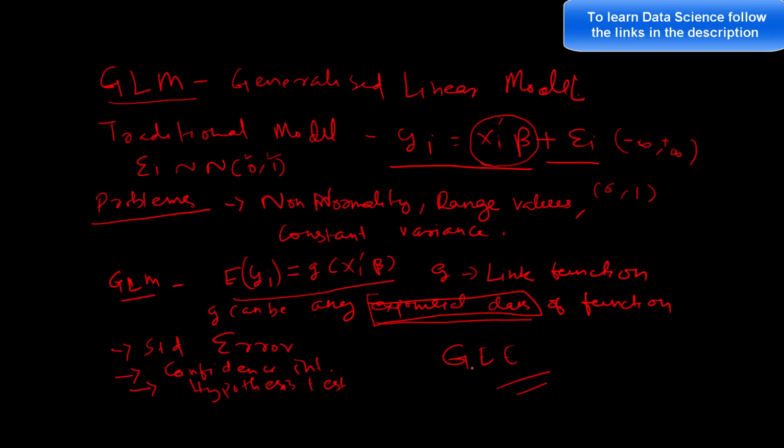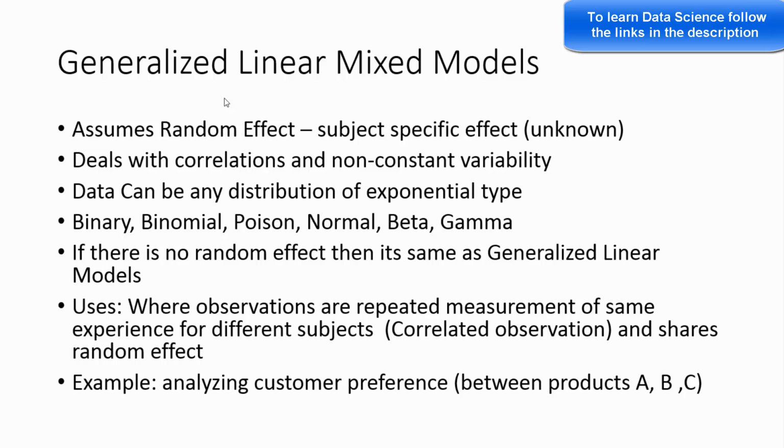After doing the estimation, we can also find the standard error and confidence interval, and we can do hypothesis testing pretty much the same way that we do for traditional models. So there is hardly any change in estimating the standard error, confidence level, or doing the hypothesis testing.